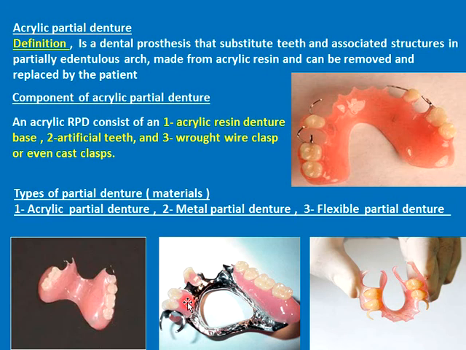All sorts of metal partial dentures can now be constructed. The other type is the flexible partial denture. So these are the types of partial denture as a material: acrylic, metal, and flexible.